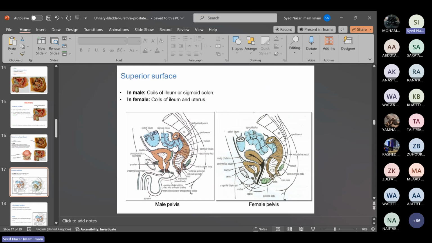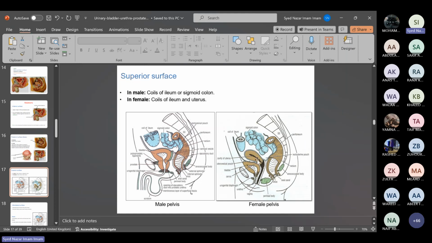Okay. Now, superior surface. What structure do you think is related with the superior surface? Superior surface is actually in contact with the abdominal content. So what are the abdominal contents? We have the coils of the small intestine. And in the female, because it is in anteverted position, it is slightly tilted towards the urinary bladder.